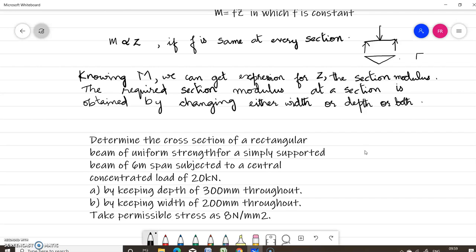In the usual case we will provide the cross section as rectangular, but for a beam of uniform strength you can change the breadth or depth of the beam. Here you can see the depth is maximum at the center and it reduces to 0 at the supports. We know that at the supports the bending moment is 0. Thus we can ensure that all the fibers will be subjected to maximum bending stress.